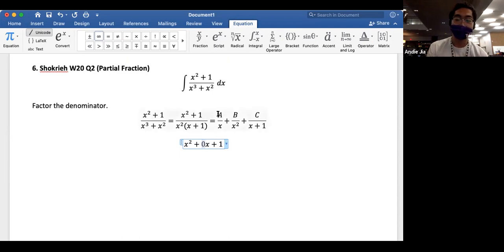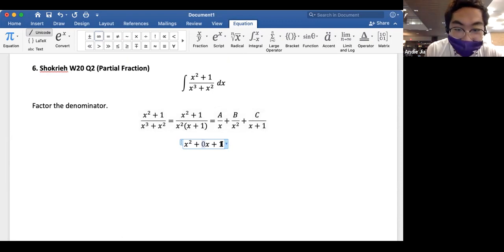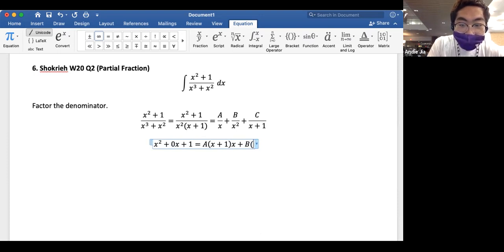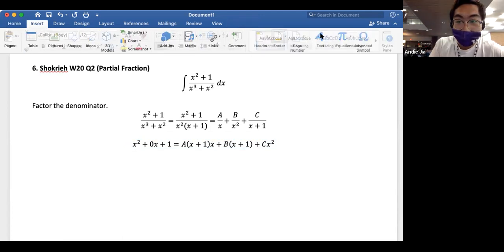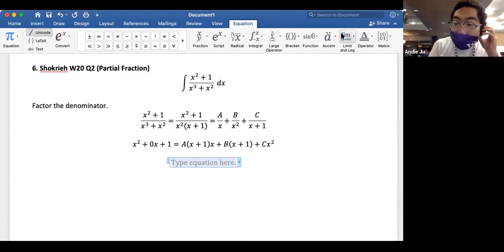It makes it easier to compute a, b, c, the constants. So does this make sense to you? Just the cross multiply, plus c, yep, x squared, and we have this again.